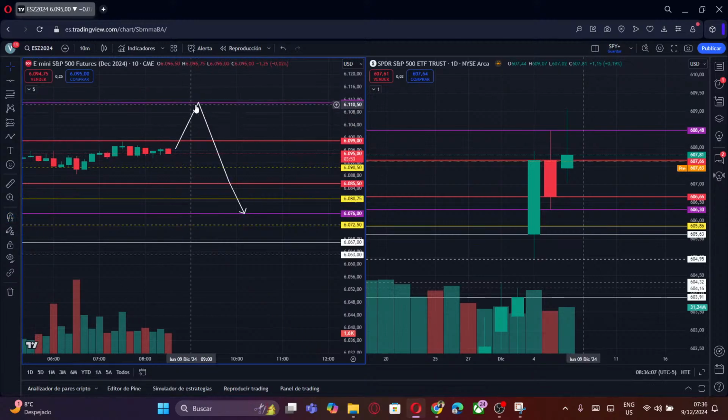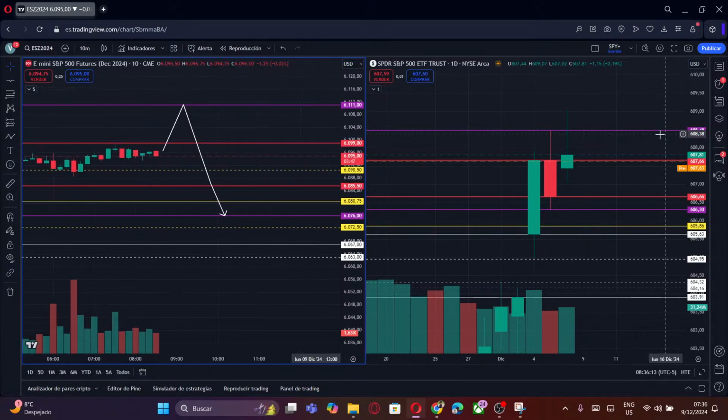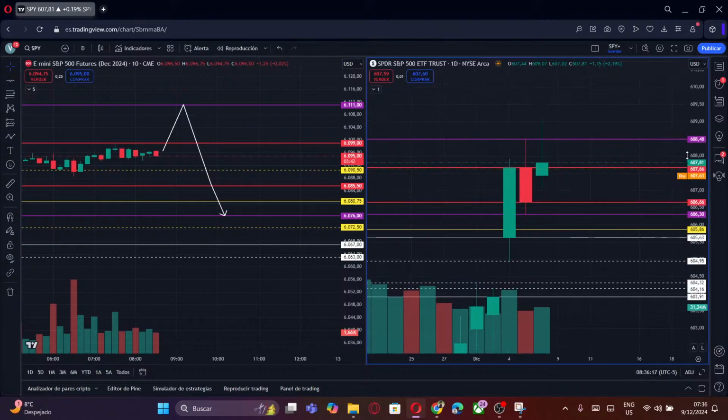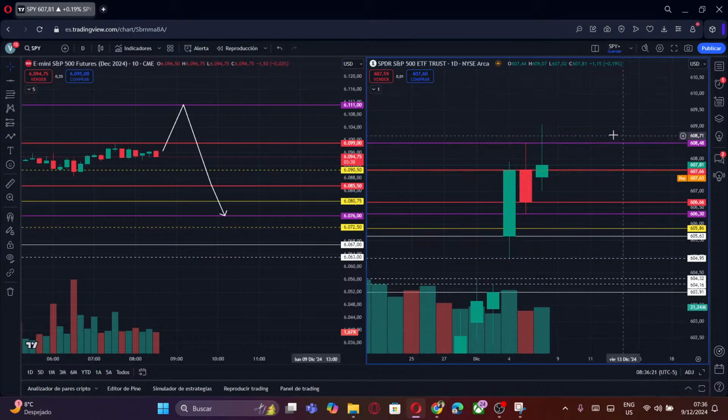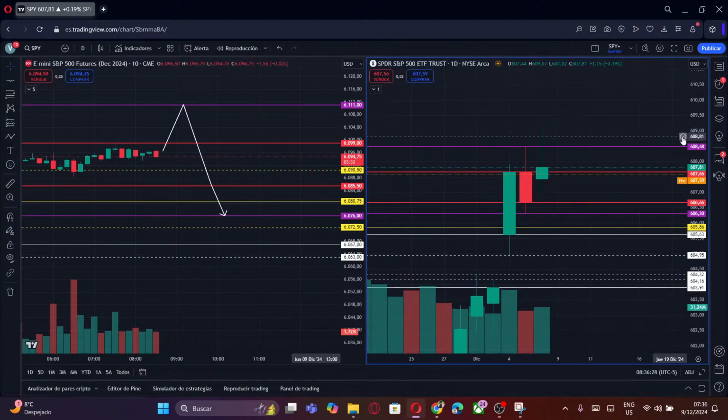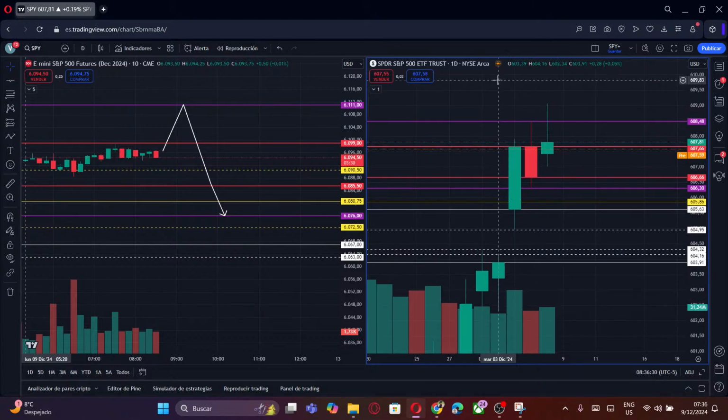Price normally travels from daily level to daily level. That's what normally happens. Not 100% of the time, but it happens a lot. That's why if you are trading inside Team Bull, you see me posting level to level, because that's what normally happens.